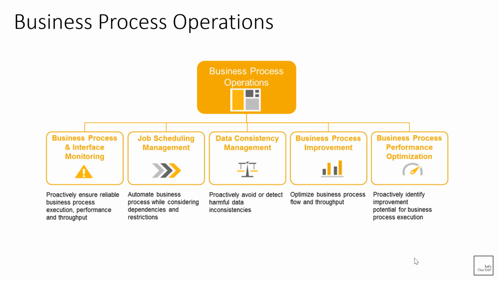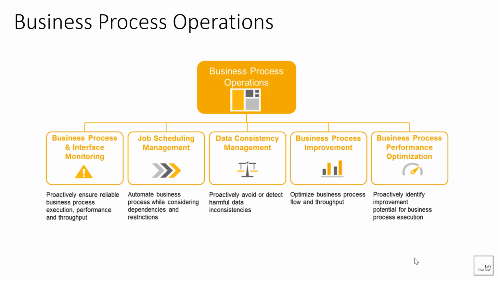An SAP system might have hundreds of jobs, and if you have multiple SAP systems in your landscape, then it might all add up to a few hundred jobs that you may want to maintain on a consistent basis. So job scheduling management helps you manage all your SAP background jobs from a central location so that it is easy to monitor and manage them without logging into multiple SAP systems quite often.